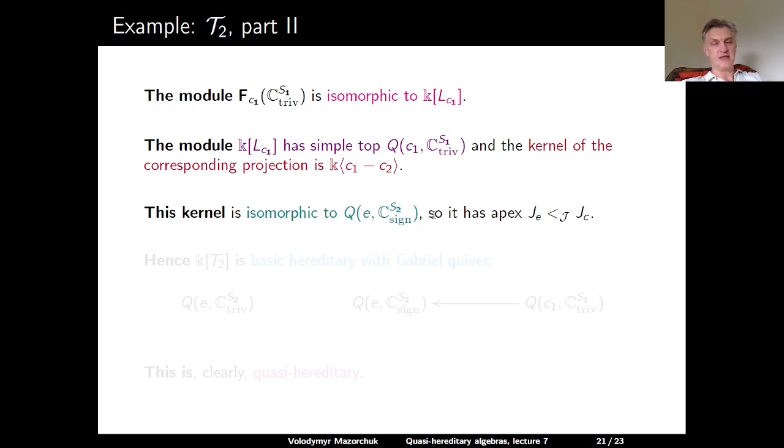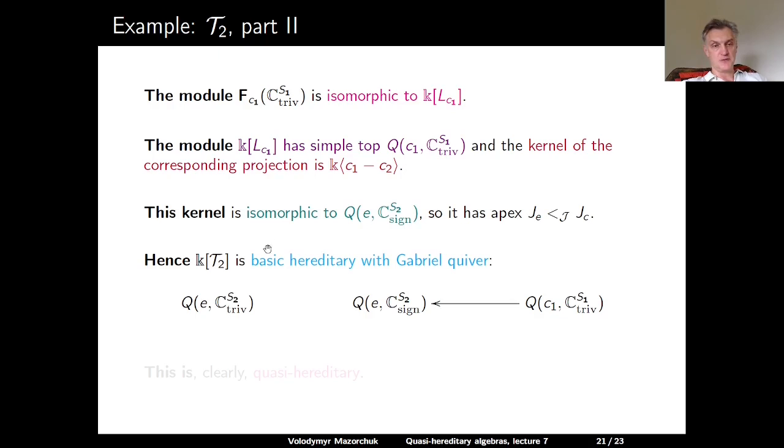So the apex is now the two-sided cell of the identity, and we have the sign representation of the corresponding maximal subgroup. That's because of this minus sign. And this means that the Gabriel quiver of our algebra is as follows.